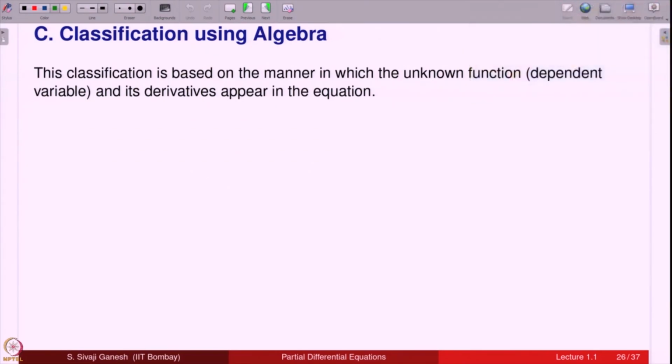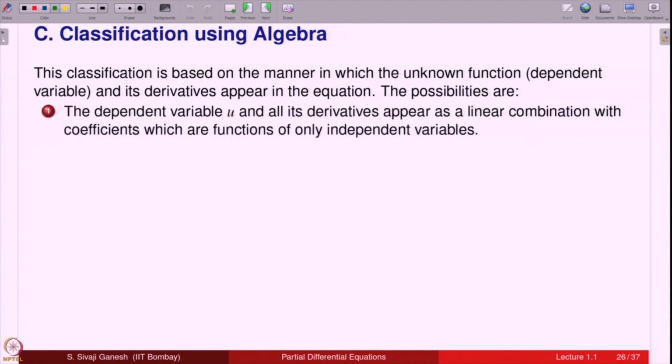Now, this is the important classification which uses algebra. This classification is based on the manner in which the unknown function and its derivatives appear in the equation. What are the possibilities? First possibility, the dependent variable and all its derivatives, whichever appear in the equation, they all appear as a linear combination with coefficients which are functions of only independent variables.